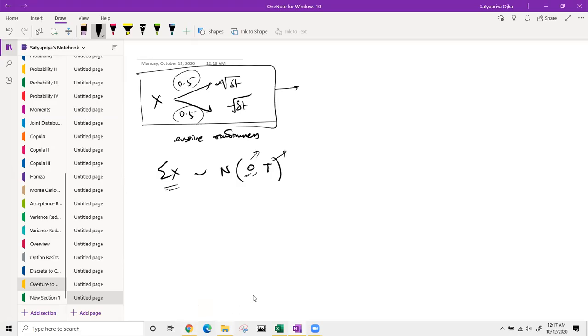Let's see one quick visual. No, before that, we have done everything in discrete. So we are taking one step, adding lots and lots of steps together, and we are approximating a normal distribution. Now we are going to continuous.